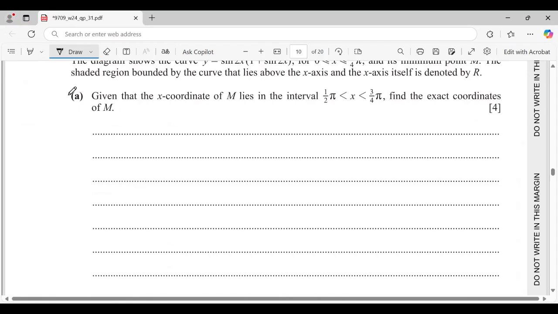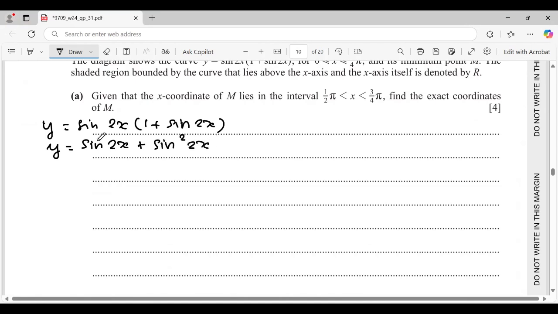So we are given the function y equals sin 2x times (1 plus sin 2x). So it means sin 2x plus sin 2x times 1, sin 2x plus sin 2x times sin 2x, sin squared 2x.